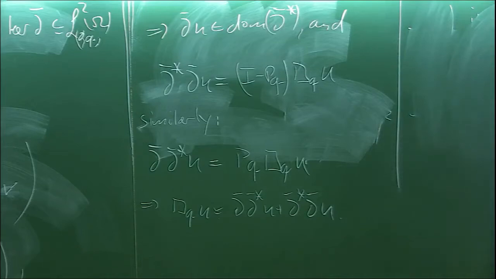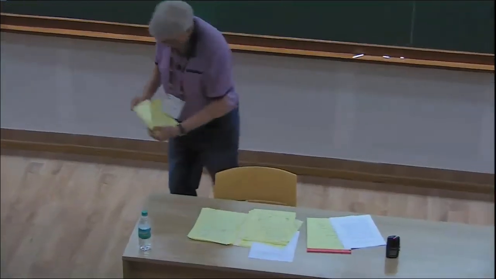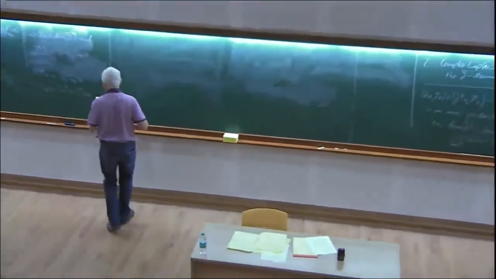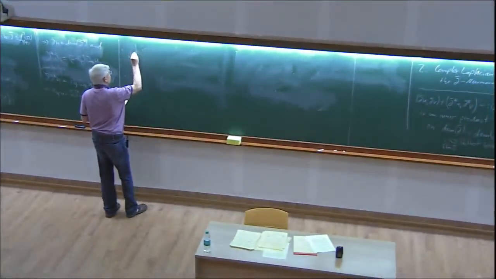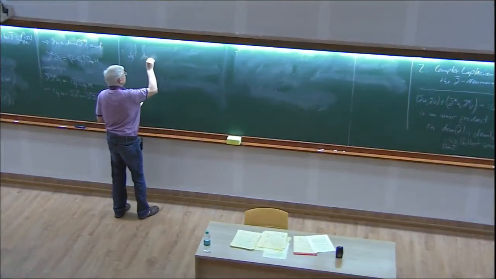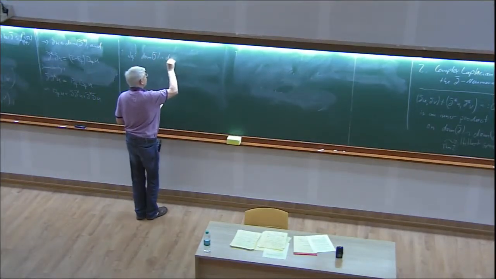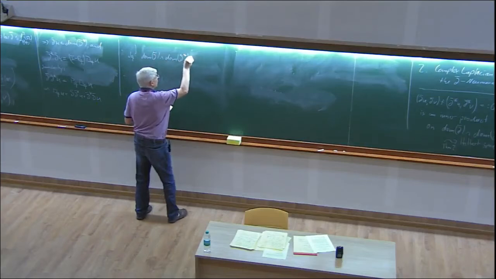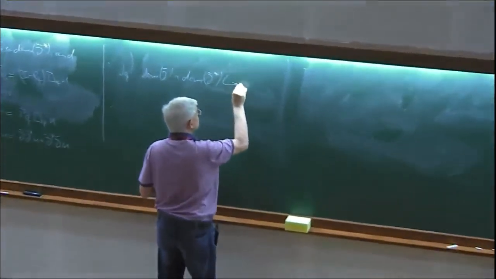But it is useful to also have the more abstract point of view. So now, denote by J sub Q the embedding of the domain of d bar intersect the domain of d bar star into L2.